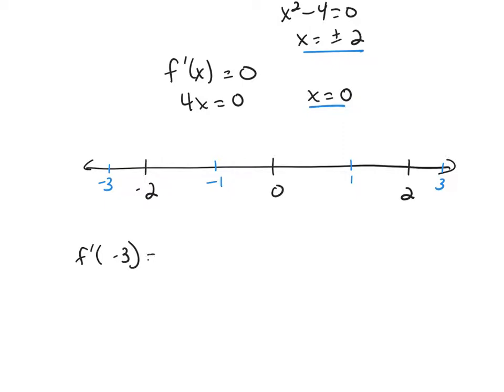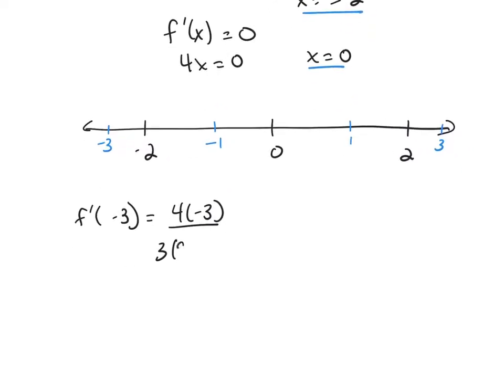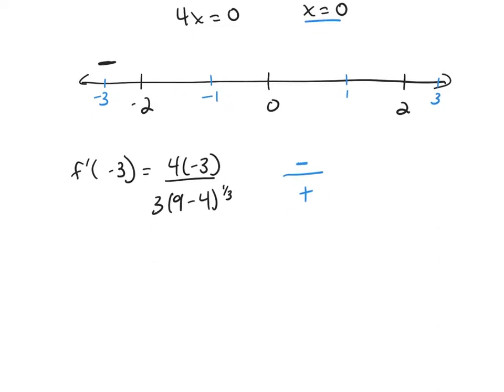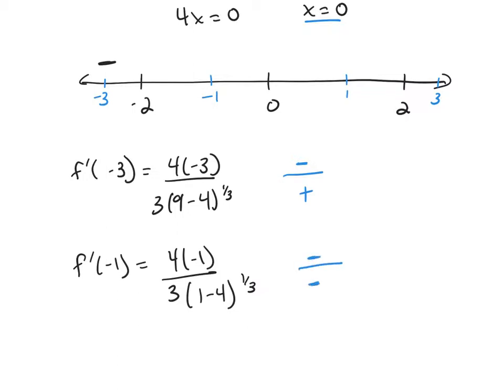If I plug in -3, -3 squared will be 9 minus 4. So here I'm getting a negative over a positive, so it will be negative. Plug in -1. Three times -1 squared would be 1 minus 4. So here I have a negative in the top, and I'm going to have a negative in the bottom.